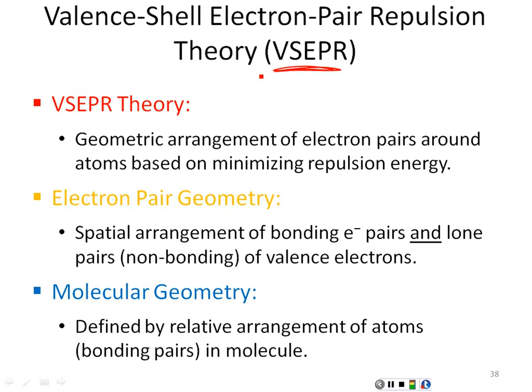This is the spatial arrangement of bonding electron pairs and non-bonding or lone pair electrons. And then the next term to be familiar with is molecular geometry. This is only influenced by the arrangement of atoms in a molecule. So you only consider bonding pairs, not non-bonding pairs, to calculate the molecular geometry.